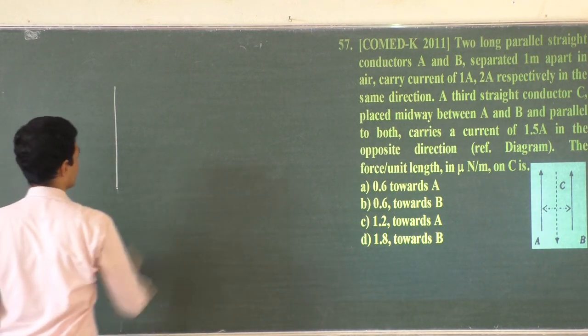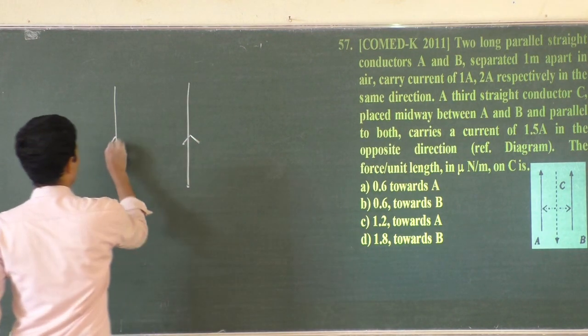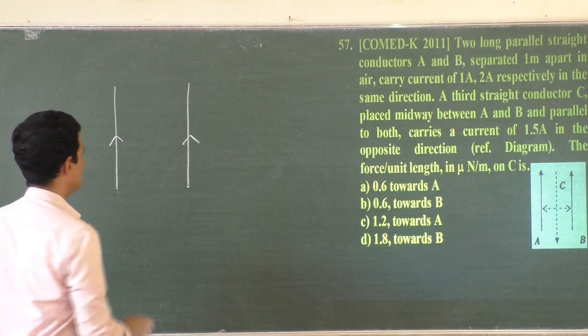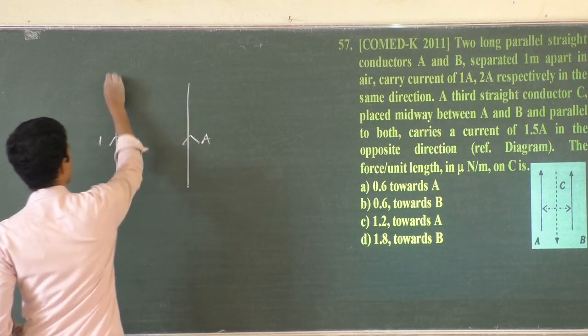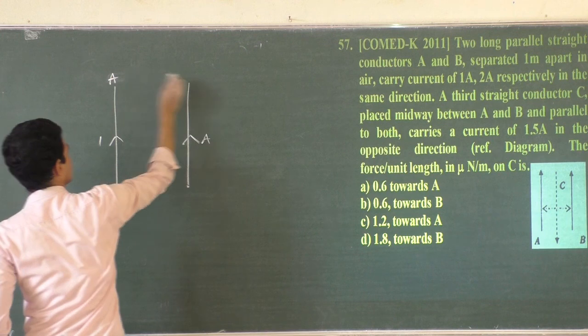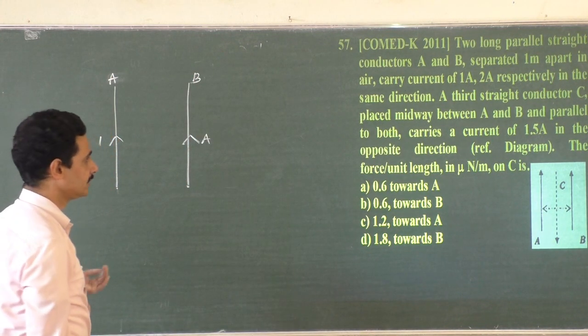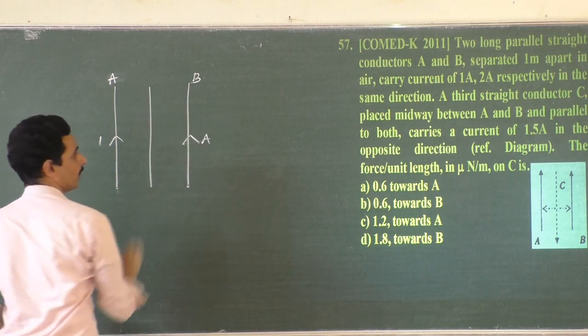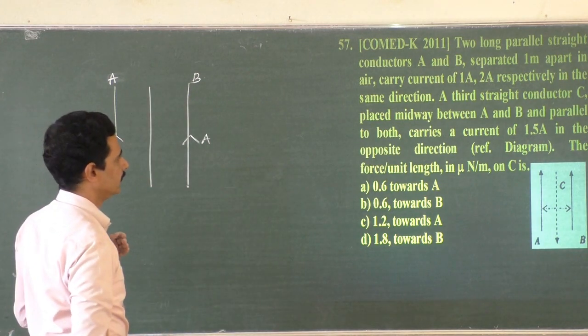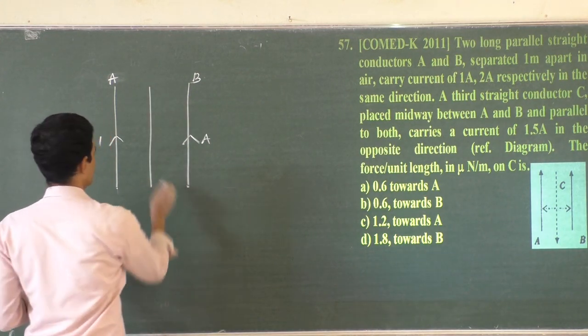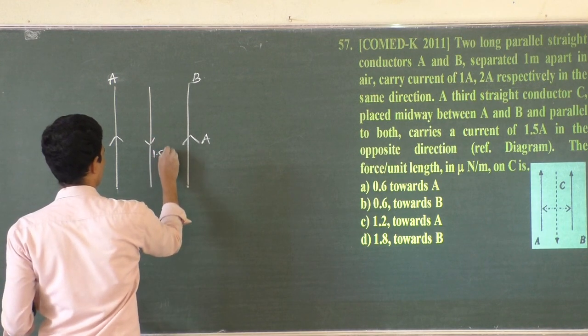right, there are two conductors carrying currents in the same direction like this, and one is carrying a current of 1 ampere, another is carrying a current of 2 amperes. This is A and this is B. Then a third straight conductor is carrying a current in the opposite direction, midway between them, of 1.5 amperes.